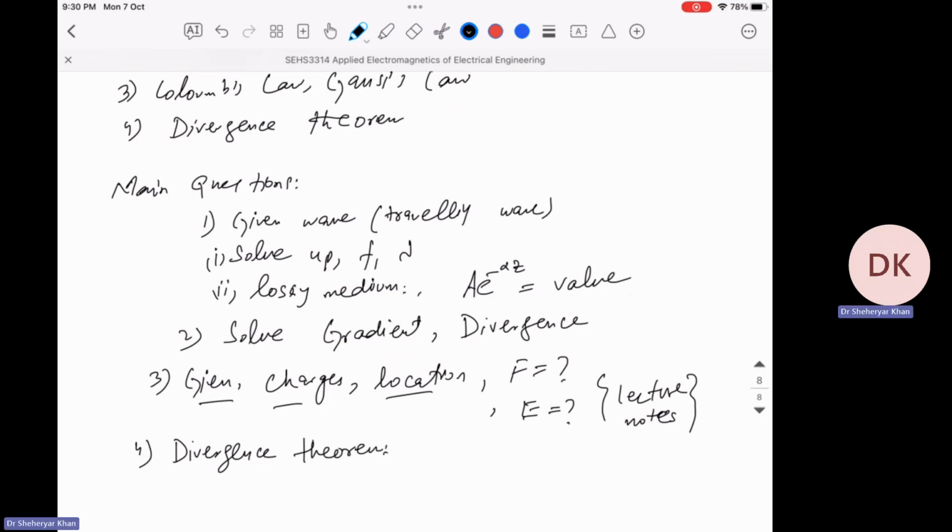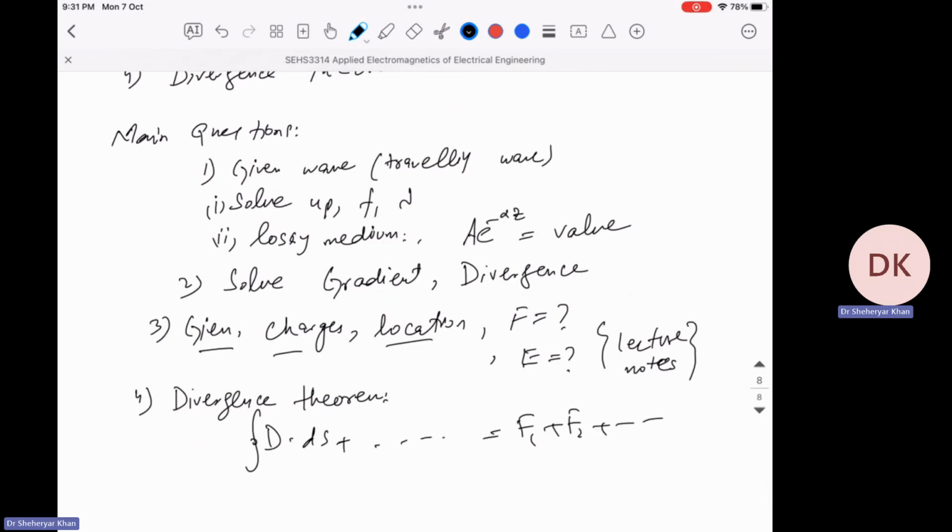For the divergence theorem, remember we solved that if you are given an electric field or D, then D dot dS, plus so on, F1 plus F2 plus F6, is actually equal to the volume integration of del dot D dv.